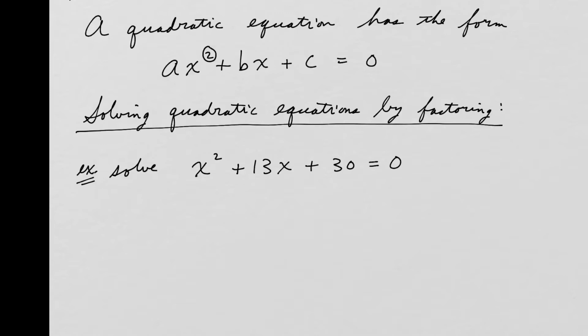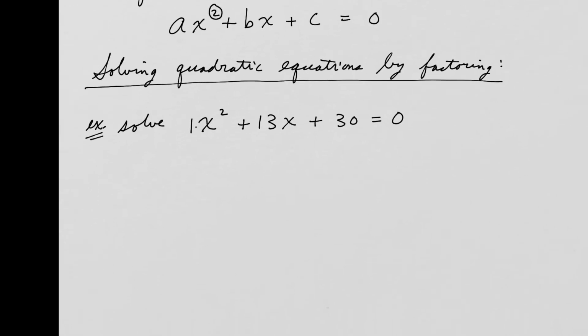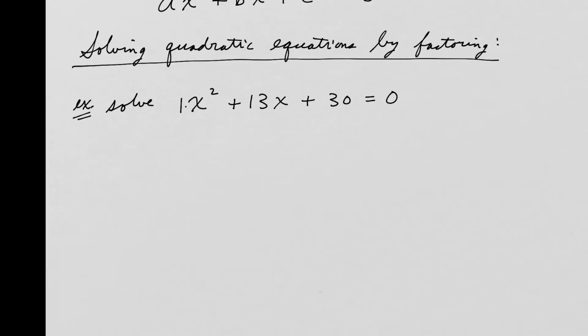So one thing I could try is to factor the left-hand side. Now, the nice thing about this is the coefficient of the x squared term is a 1, right? There's a 1 there. So if it does factor, I know that I can write down my parentheses for my two factors. I know that the only way I can get x squared, 1x squared, is x times x, right?